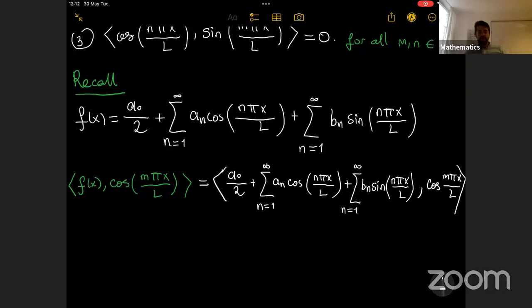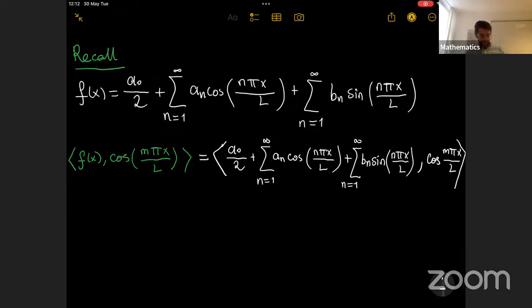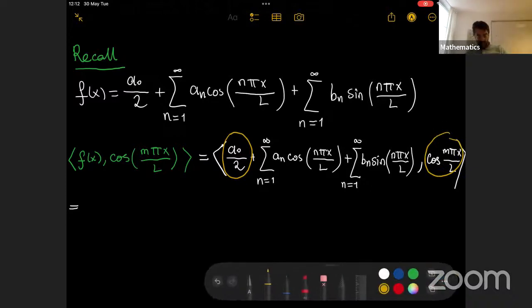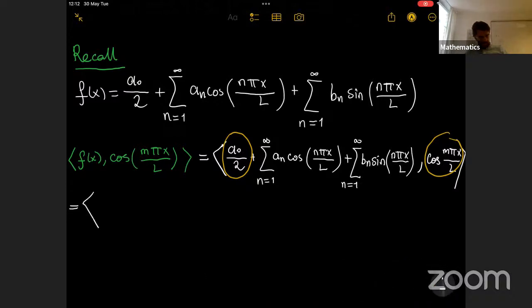So we have this. Remember, we can distribute, we can split the inner product. So we have 3 inner products coming from this one. Let's write each of them. The first one is, you use this one, a0 over 2, and this one. So we get basically a0 over 2, comma, cosine m pi x over L. This is the first inner product.